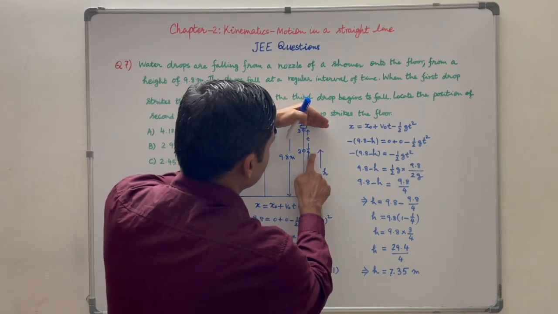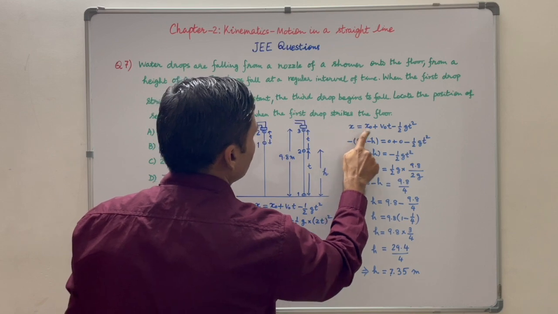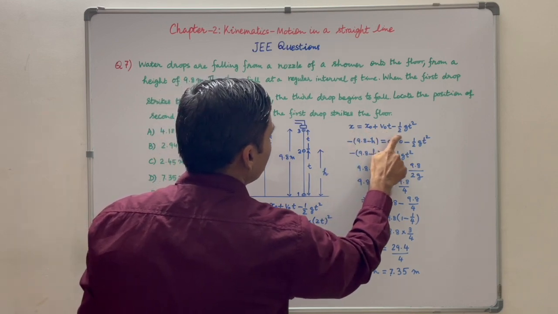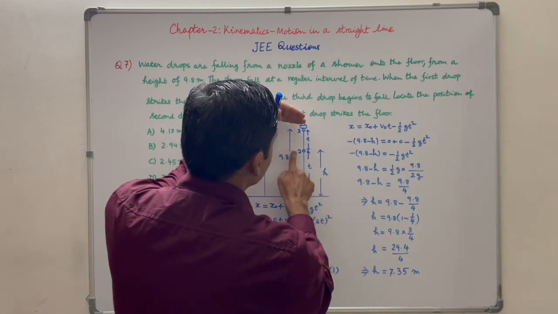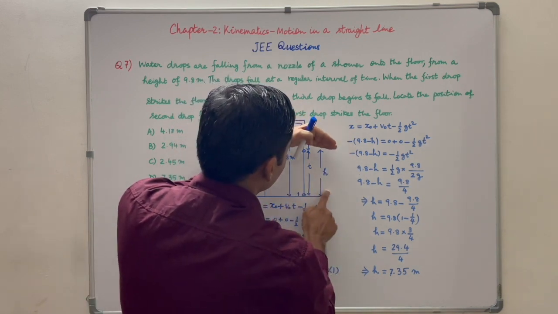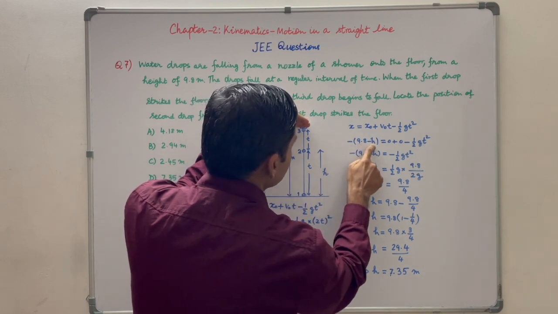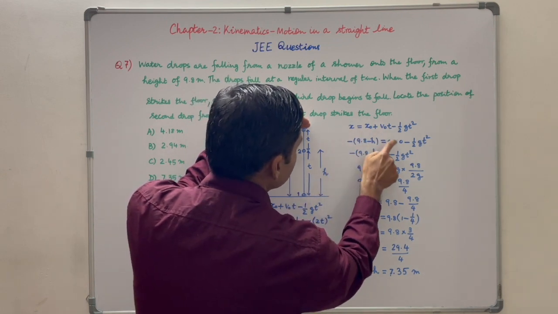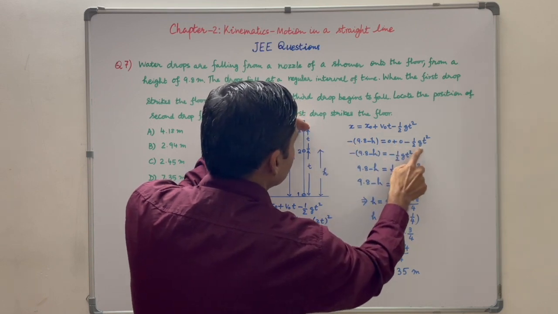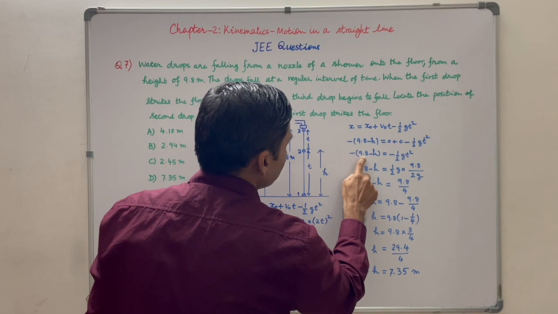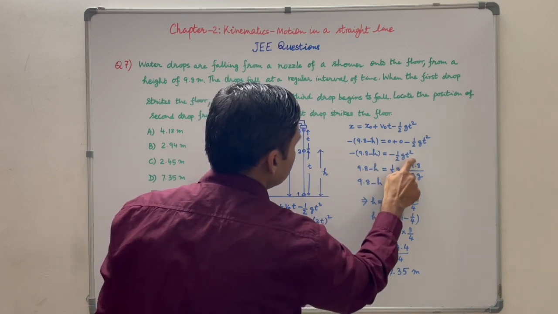Now consider this section. We will use same formula again. x equal to x0 plus v0t minus 1 by 2 gt square. In this case, x will be this 9.8 minus h. So this will be minus 9.8 minus h is equal to 0 plus 0 minus 1 by 2 g t square.